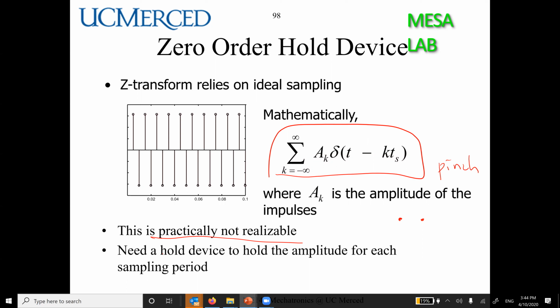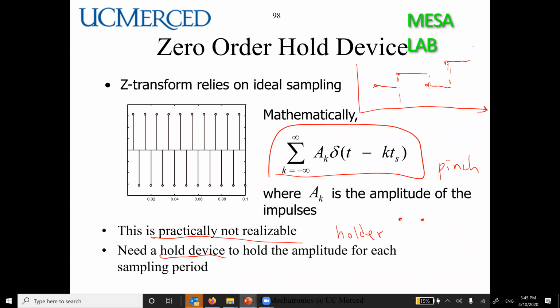So we need a hold device called a holder. If I have dots, I hope I can hold this one, hold this one, hold this one. That becomes my holding, so this looks like a continuous signal.